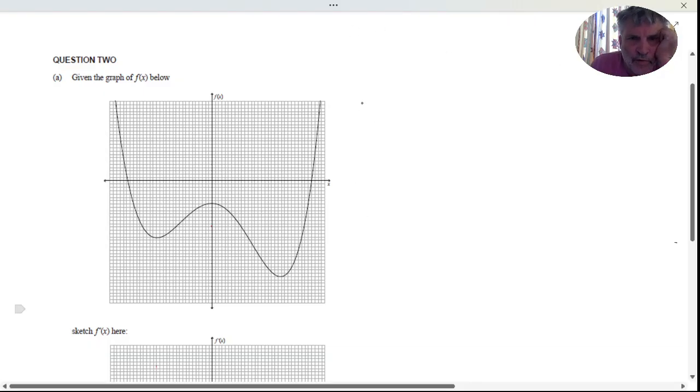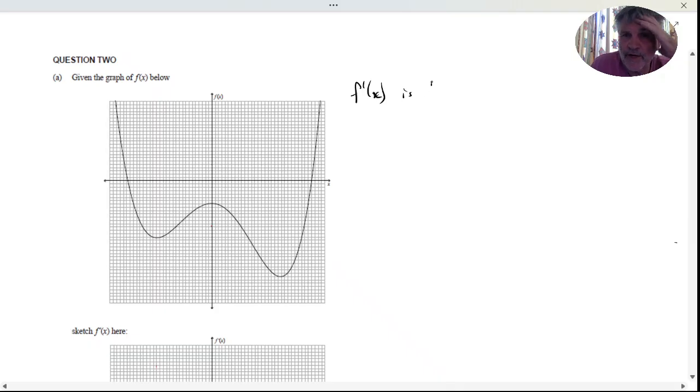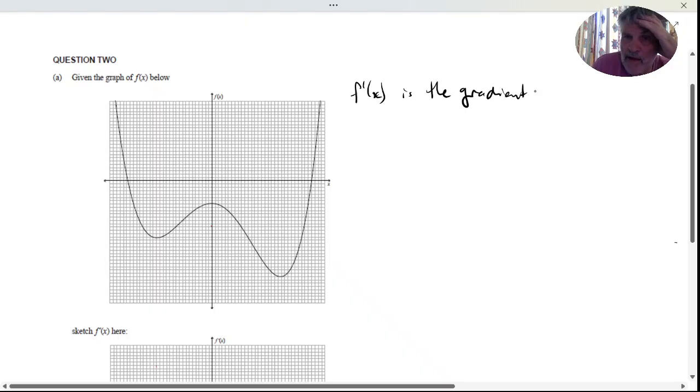There's two important things. So f prime of x is the gradient function of f of x. So we're plotting down below the gradient of this function. Two important things.